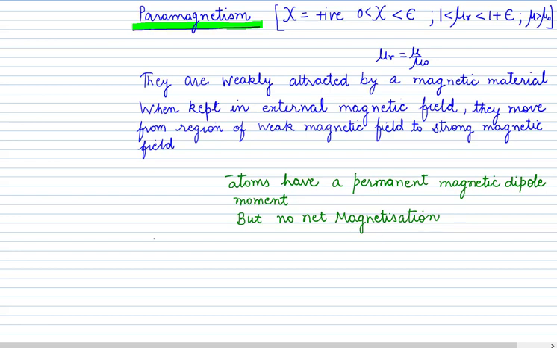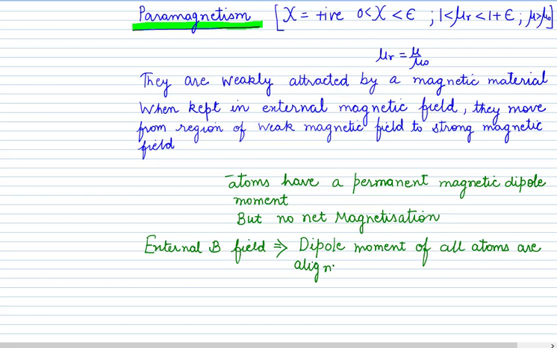So when these are kept in an external magnetic field, then the dipole moments of all these atoms are aligned in the direction of the applied magnetic field when they are kept in a uniform magnetic field.